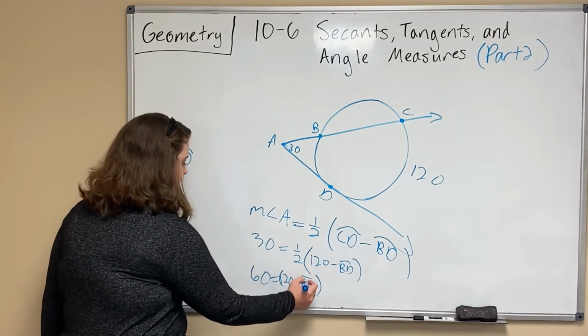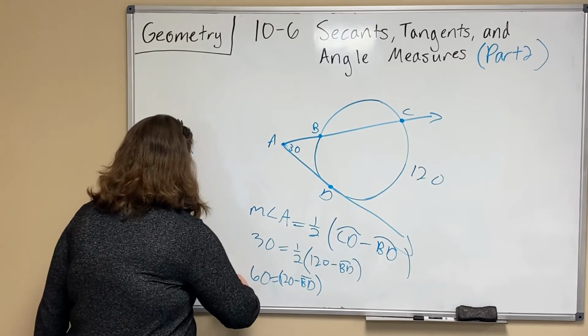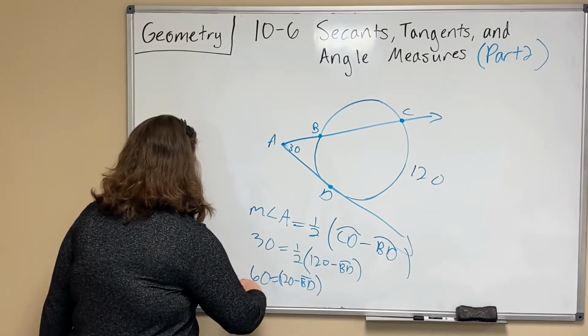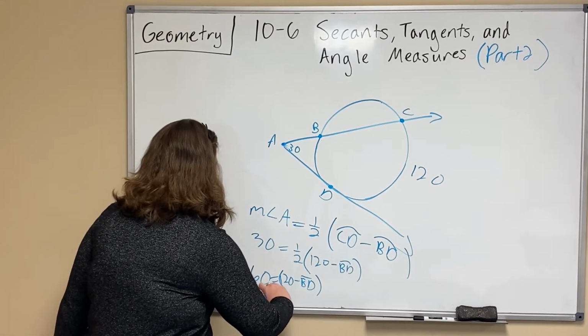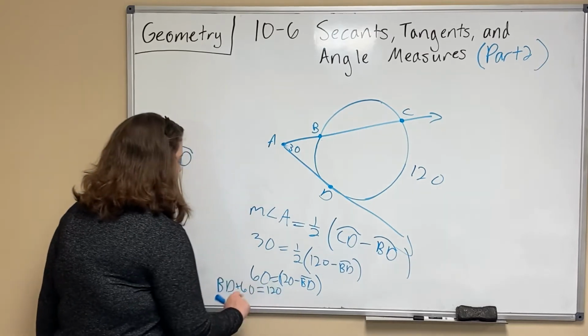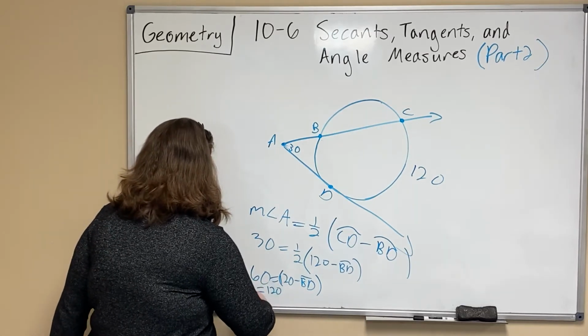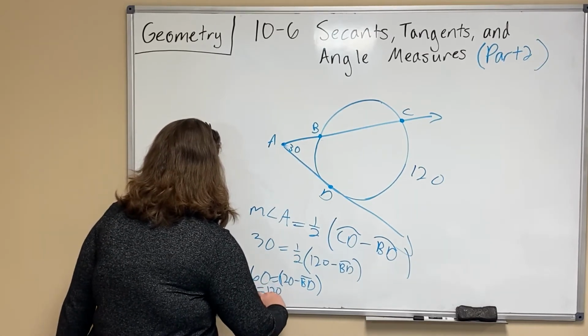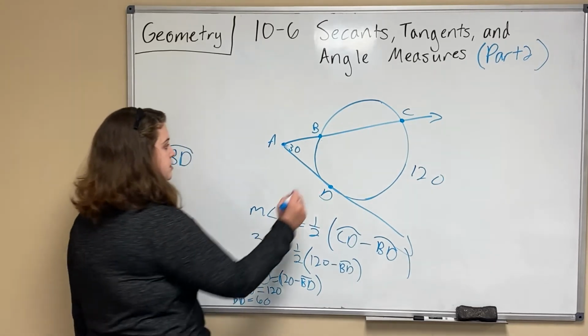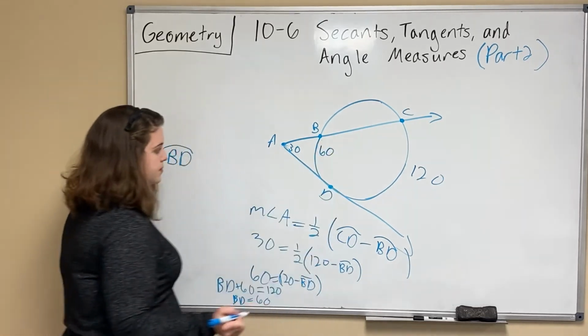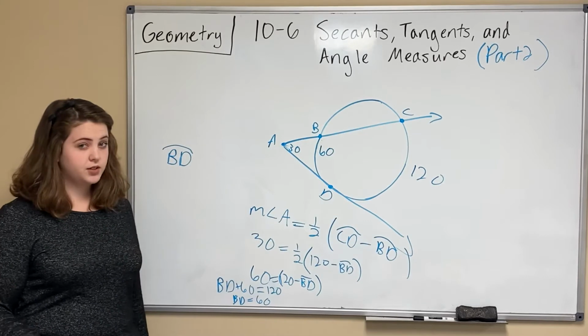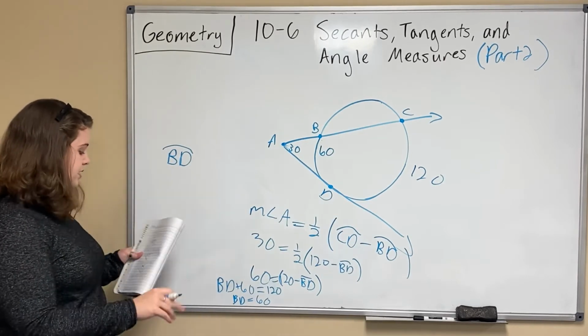Let's go ahead and add BD to both sides. And then we'll subtract 60 from both sides. BD equals 60. Pretty straightforward. Hopefully we're still making sense.